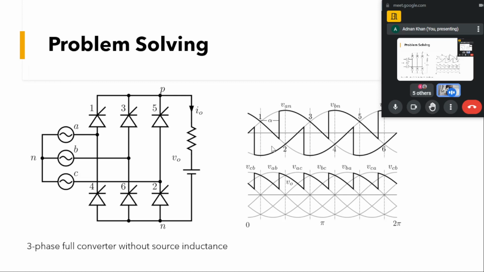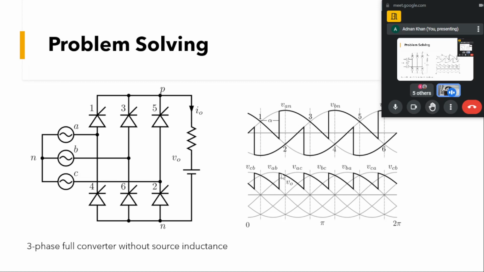A similar thing will happen in the negative part; this part is the alpha portion. For the 6 pulse, you can use a similar analysis as we had done earlier and see which of the diodes are conducting in each interval.